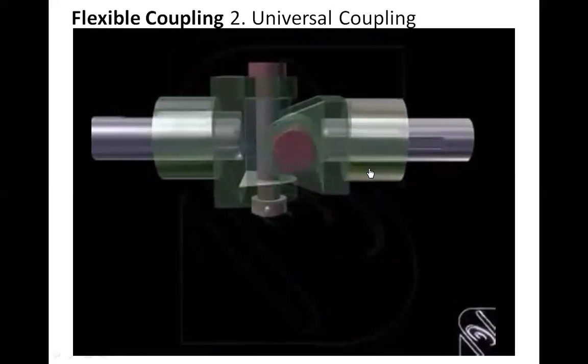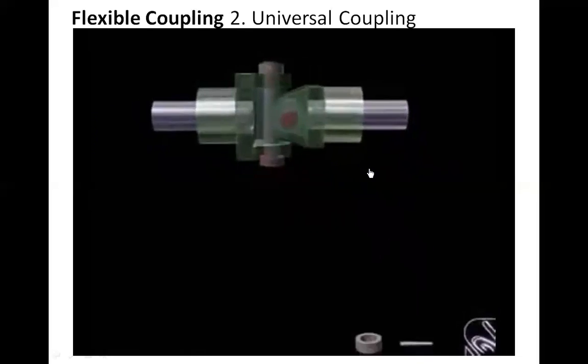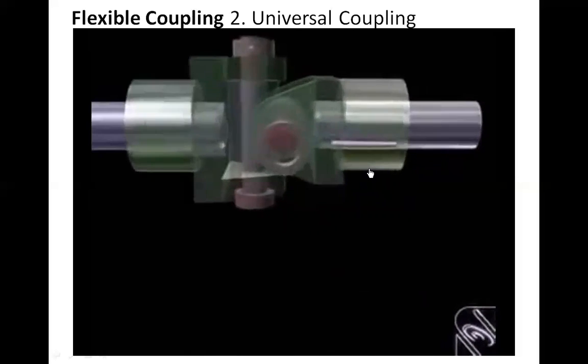This coupling allows the angle between the axes to vary while the shafts are running, up to an extent of about 25 degrees.